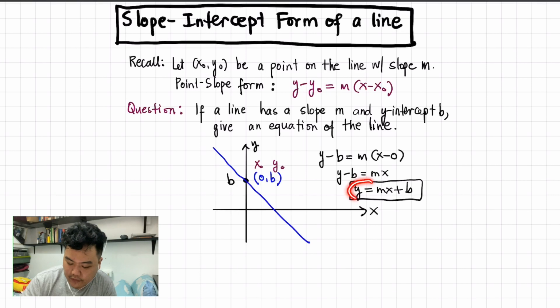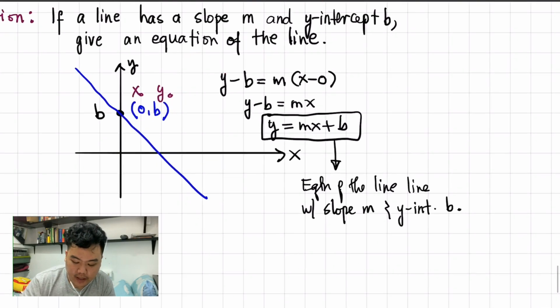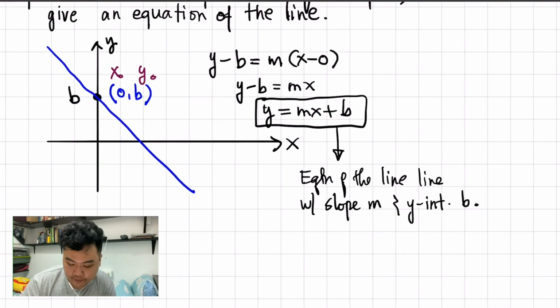And this is actually the equation of the line with slope m and y-intercept b. So this is a very powerful equation, because it gives you the slope m and the y-intercept b.